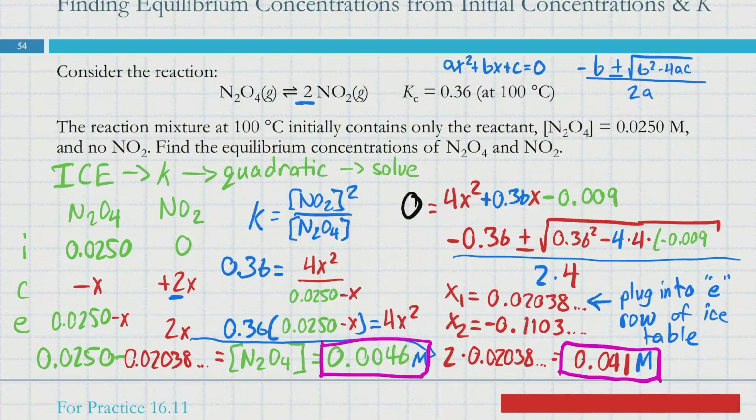What if we rounded to 0.005? No, it's like 0.005, yeah. I mean, I just wouldn't do that. Are we going to consider sig figs for this or no?